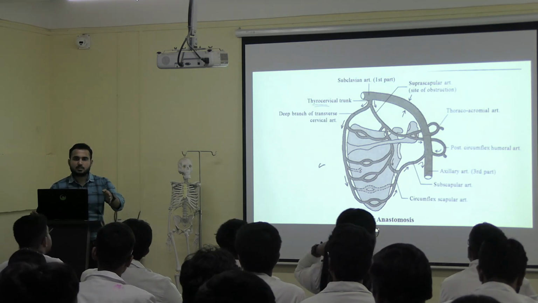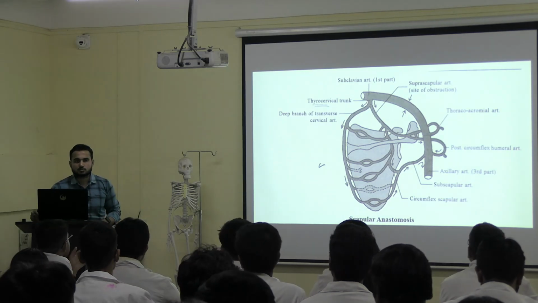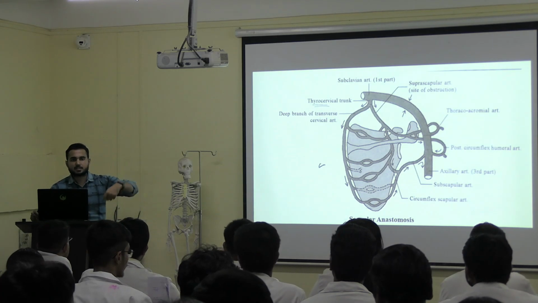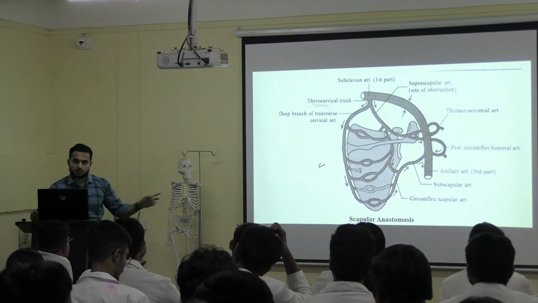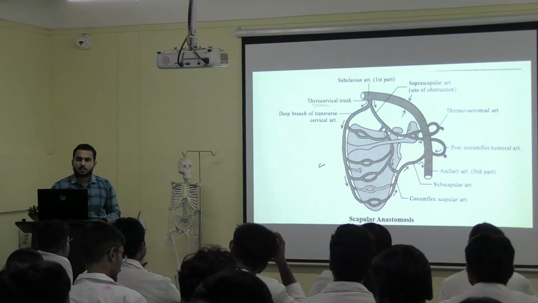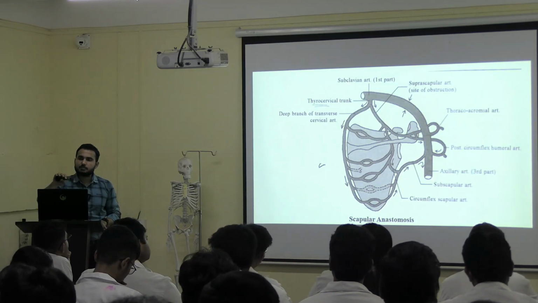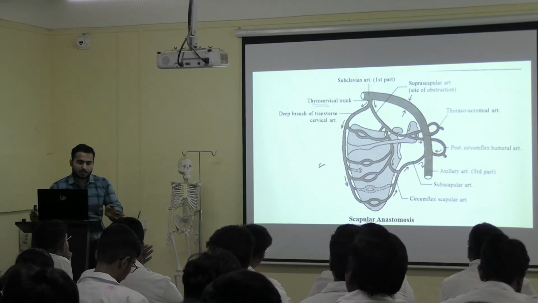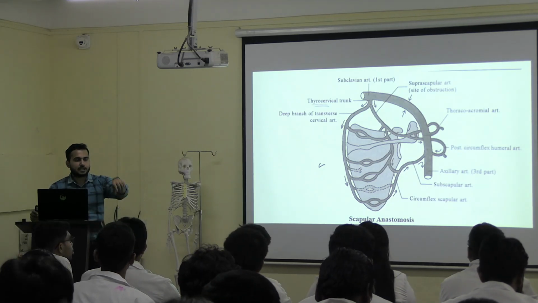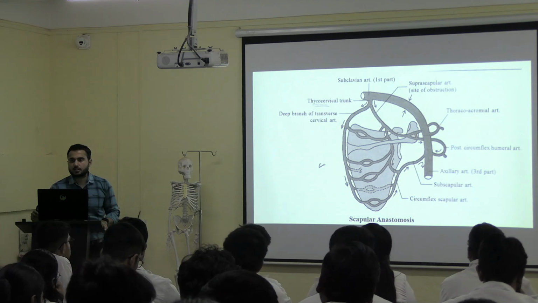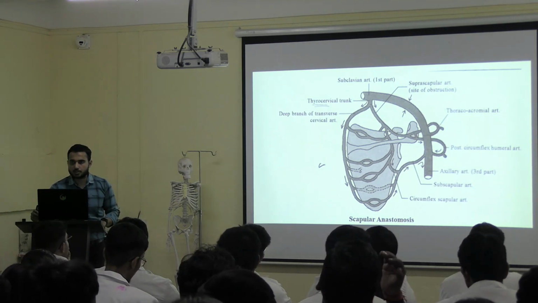Now due to some reason, if a point of the highway is blocked, then what will you do? You will take an alternate route or bypass, and then you will reach your destination. तो ये भी सेम है, ठीक है? तो जो main artery होता है, if any particular part of it is blocked, through that alternate route the blood can go and circulate, and then it can supply that particular area. That's why these collateral anastomoses are present in our body.